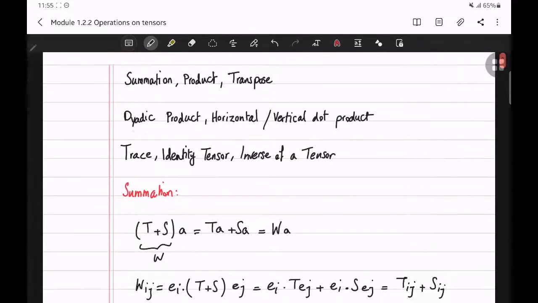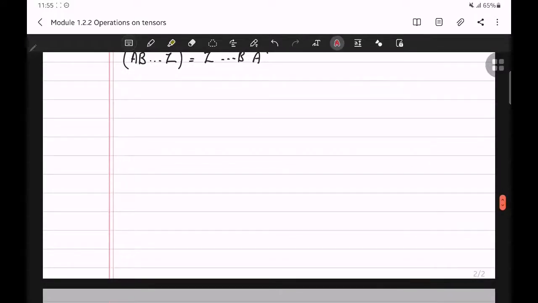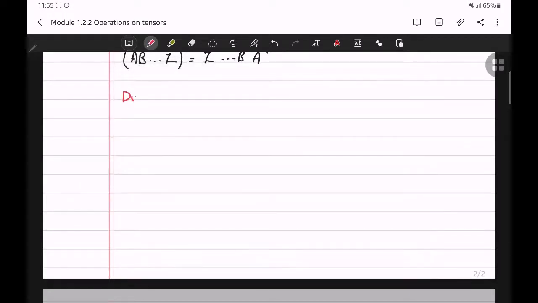Next, we discuss the dyadic product. This is a rather new concept. You might not have had any second thought about the dyadic product. Actually, this comes to two vectors.